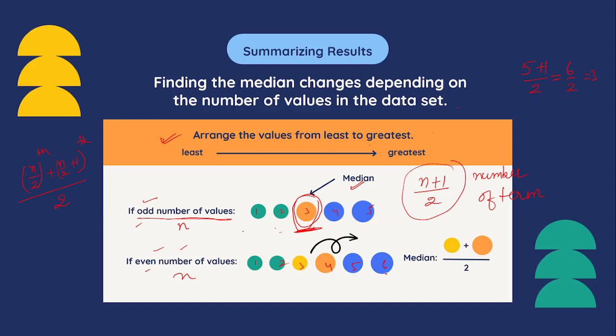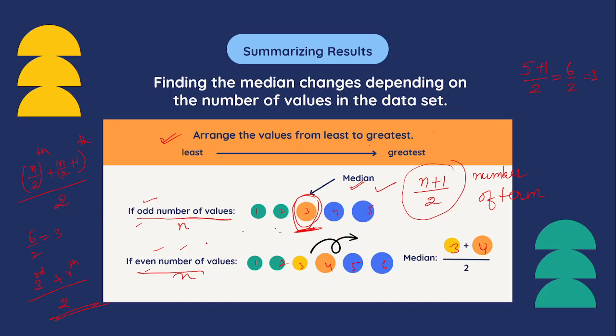Here you can see there are 6 terms, so we take 6 by 2, that is 3. So we will take the third term plus the fourth term, add them and divide by 2, and we will get the median for an even number of values.